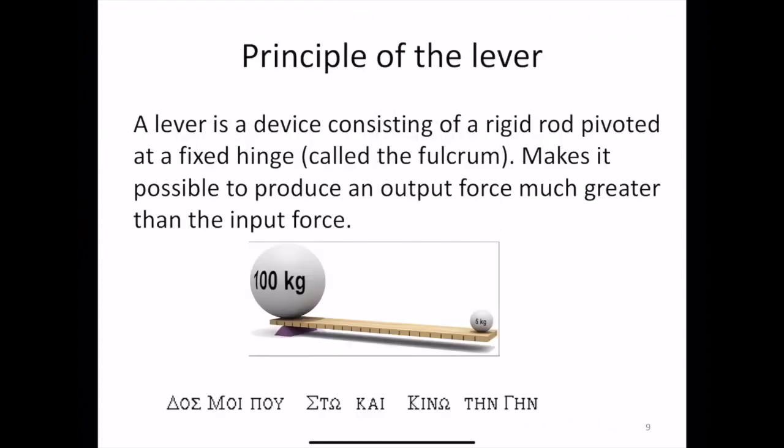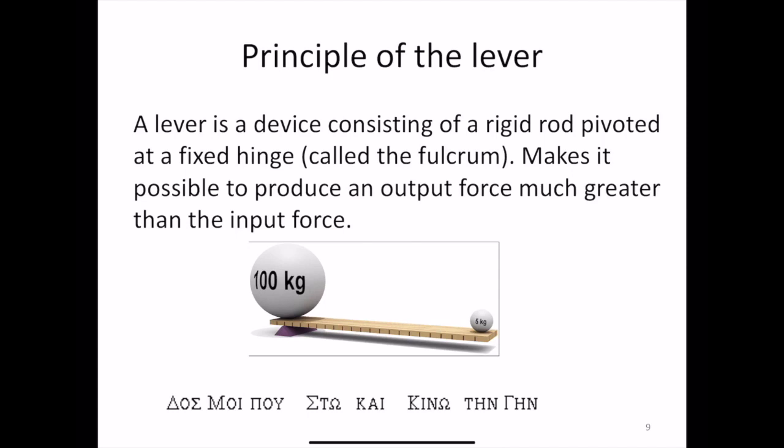So you have a rigid rod and you have a 100 kg weight on one side, and that can be balanced by a 5 kg weight on the other side, right? How is a 100 kg weight balanced by a 5 kg weight? The torque exerted by the 100 kg weight is equal to the torque exerted by the 5 kg weight. And how does the 5 kg weight have such a large torque? It's a smaller force.